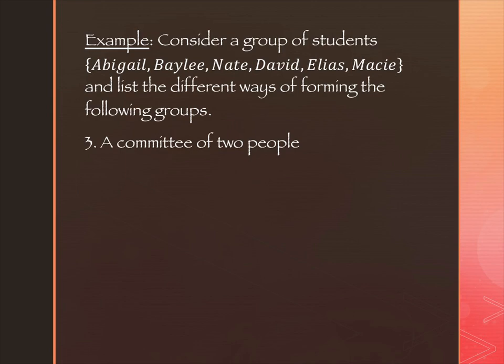So all those things are going to affect how many committees or how many groupings I can create. This one just says any two people. So again, I want to do it in some sort of a systematic way. I'm inclined to stick with one of the people and list all the people they could be grouped with first. Since she's listed first, I'll start with Abigail. Abigail could be grouped with, if I just take it in the list, Bailey.